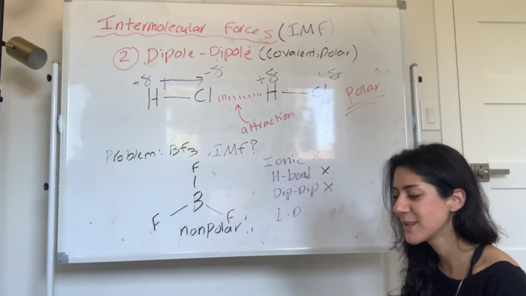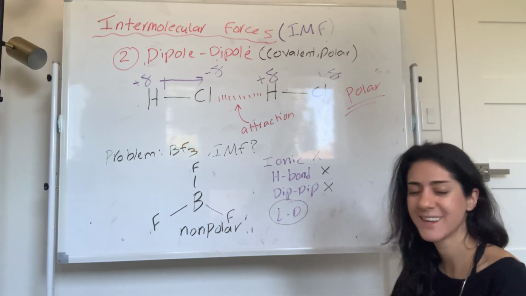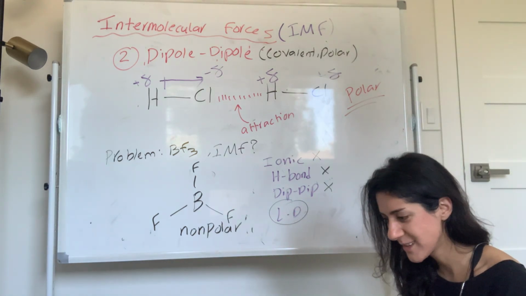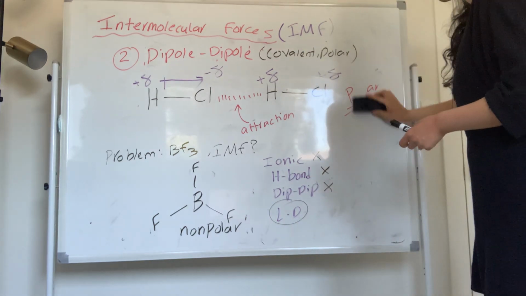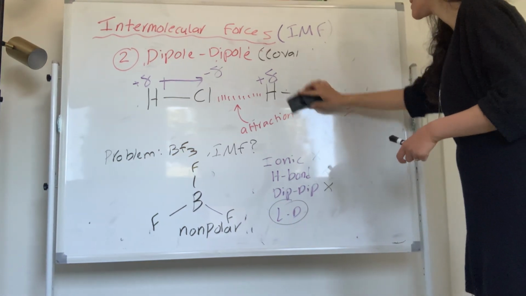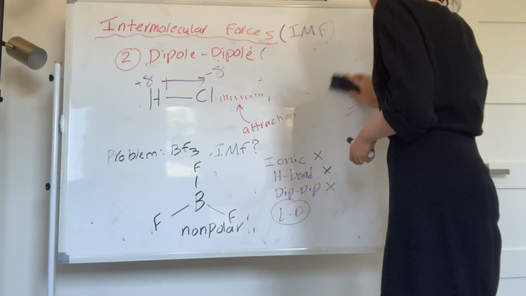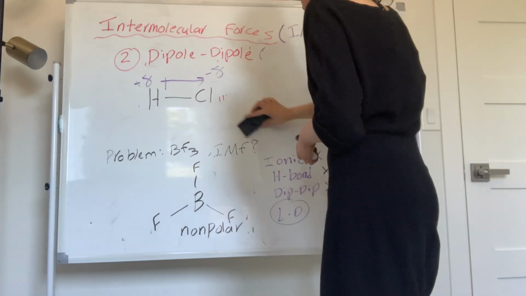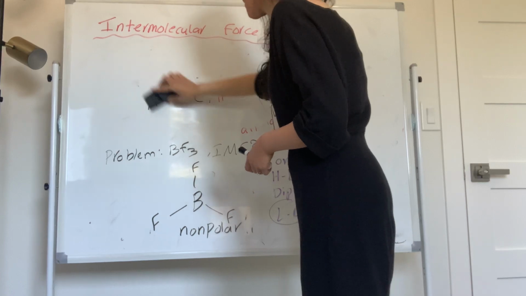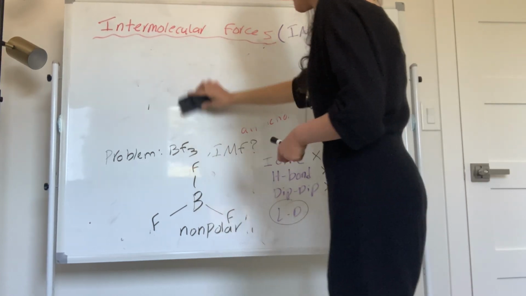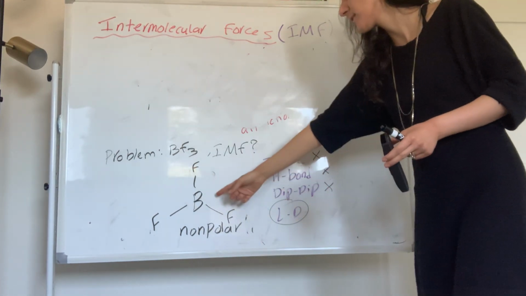So my other option is London dispersion. So let's go over what is London dispersion. Now, I probably don't even need to tell you what is London dispersion. So dipole is when you have a covalent compound, which is the two nonmetals together, that is polar. Now, what do you think London dispersion is based on this?